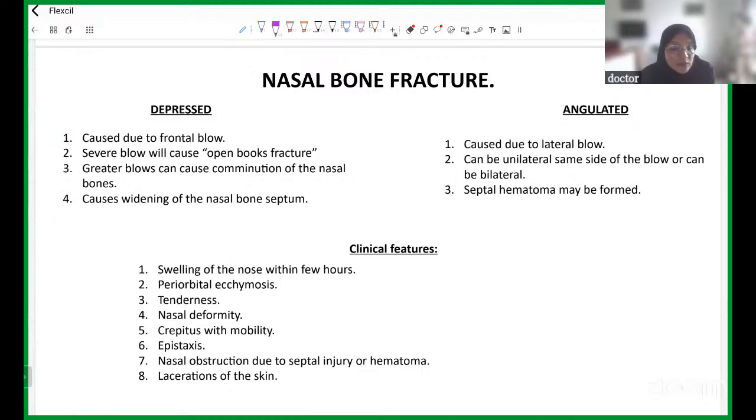What comes under general management is what I want to tell the FMGs. The general management of trauma of the face is important. If you're going to write any steps or any exams, any facial trauma should be managed by airway, breathing, circulation, ABC. Airway maintenance is the first priority that you should give to the patient with facial injuries. You have to check if he has aspirated any foreign body or if there is blood, and you have to secure his airway.